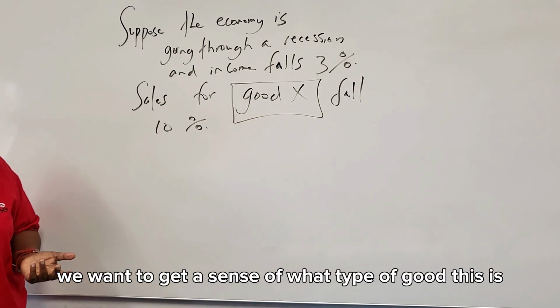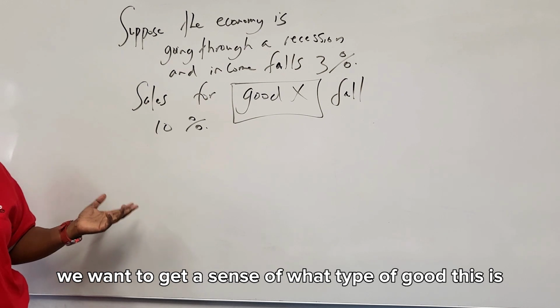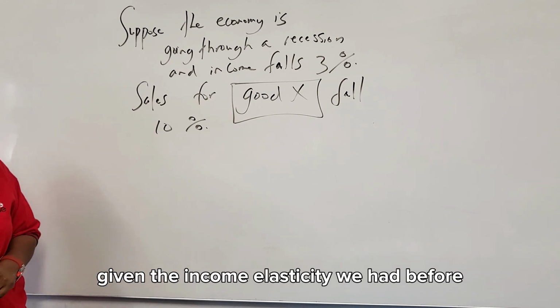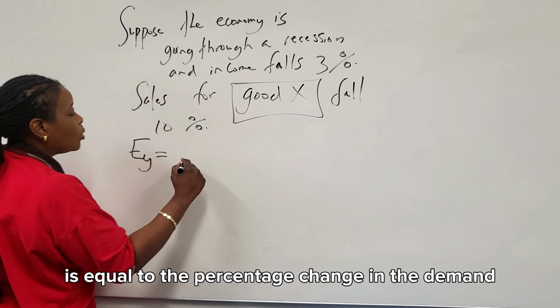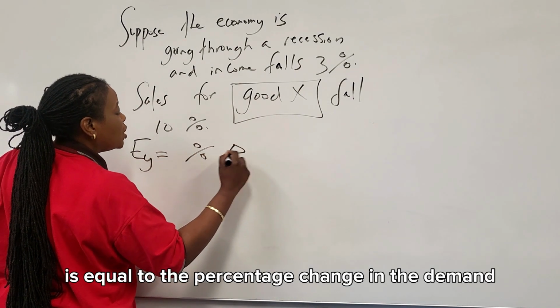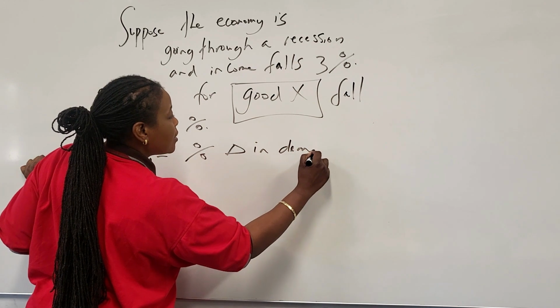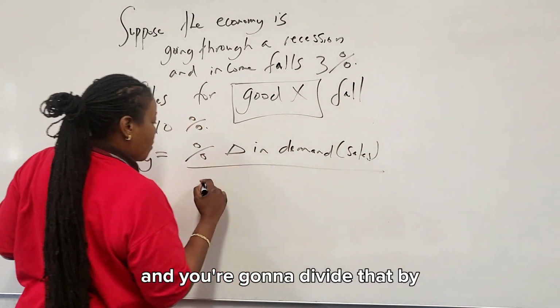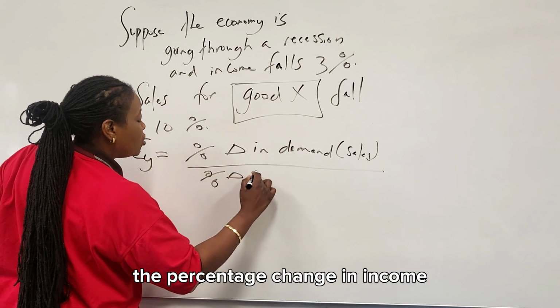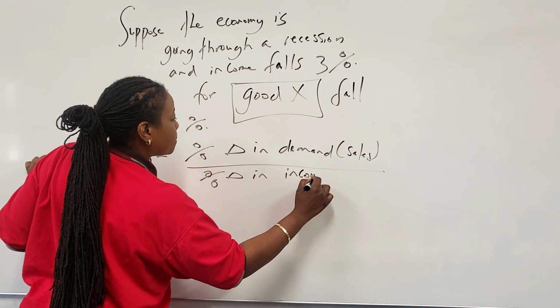We want to get a sense of what type of good this is given the income elasticity. So remember the formula: E of Y is equal to the percentage change in the demand, which is your sales, divided by the percentage change in income.